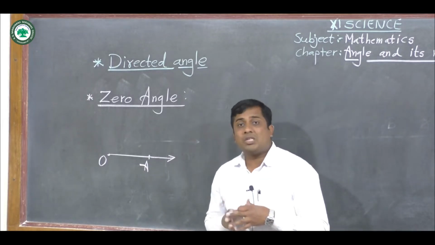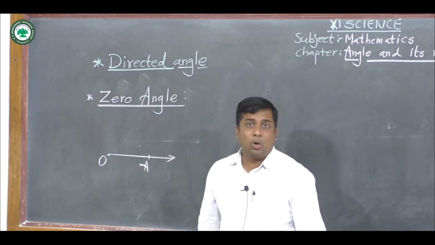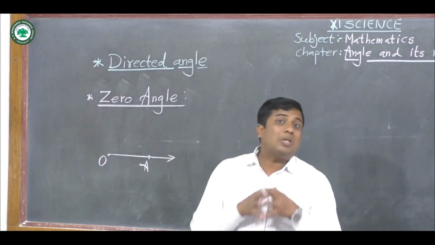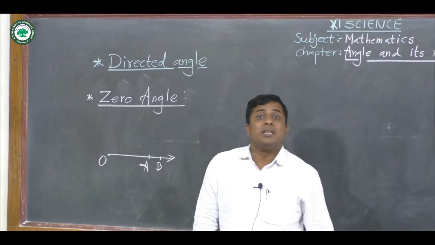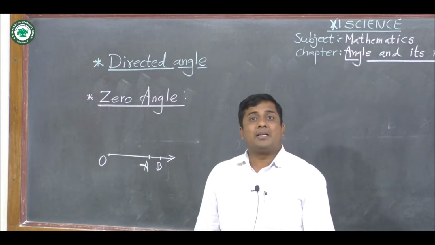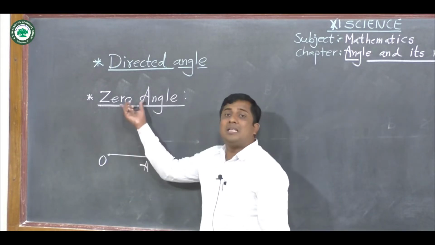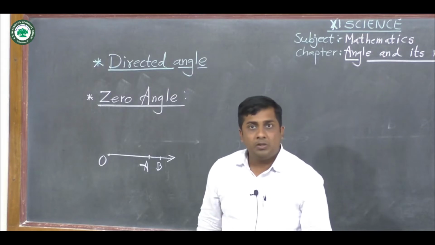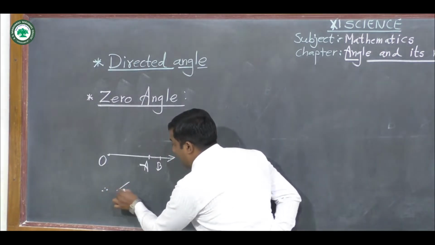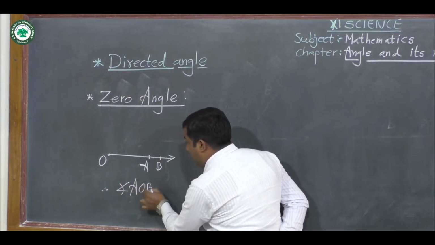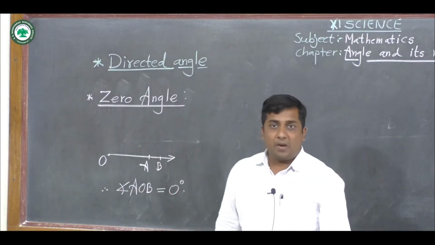If the rotation of the initial ray is 0, that is, it does not rotate, then the angle generated in between initial ray and terminal ray is always 0. So this angle is called the zero angle. We denote this zero angle by measure of angle AOB equal to 0 degree. So remember this definition.